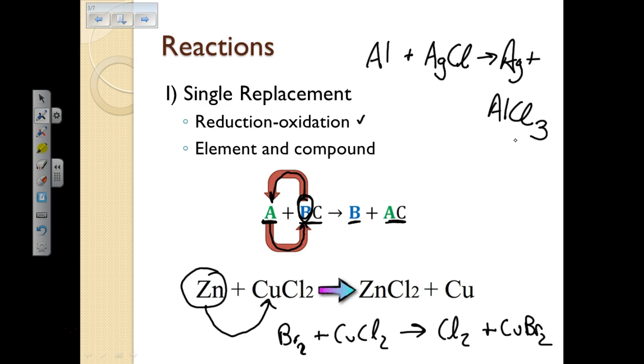Then what we can do beyond that is balance the chemical reactions. But this gives us the reaction that happens. It gives us the skeleton reaction, so that way we can go on and do more with it.